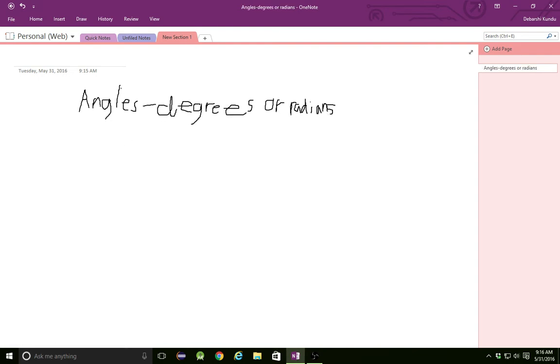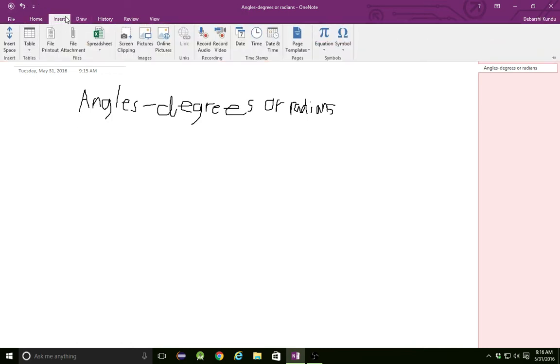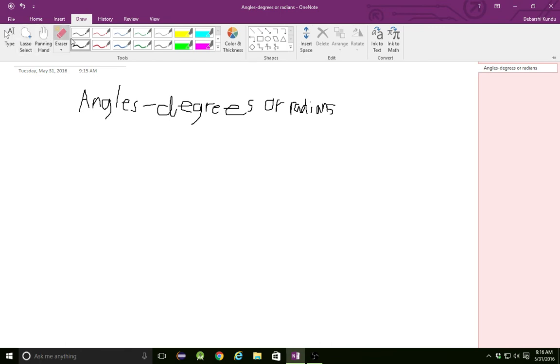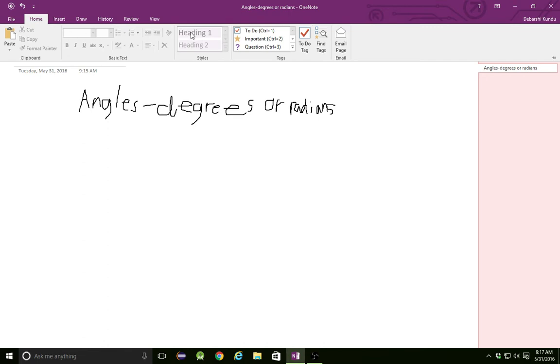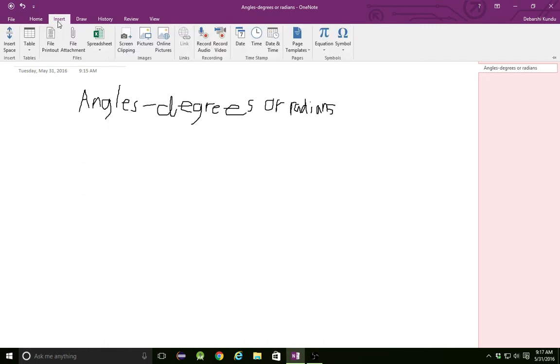So the types of angles that we have are, if I can find the typing button, maybe I might be able to do this a little better.